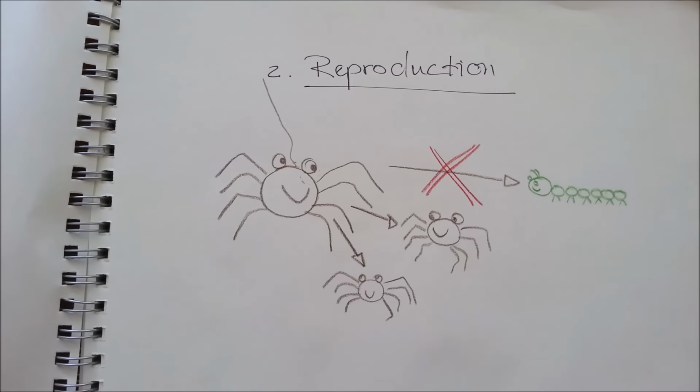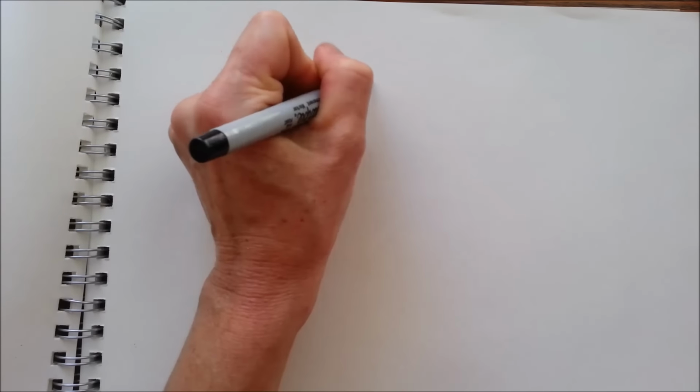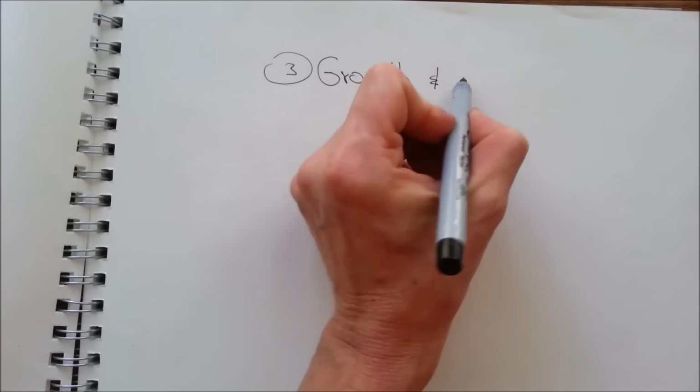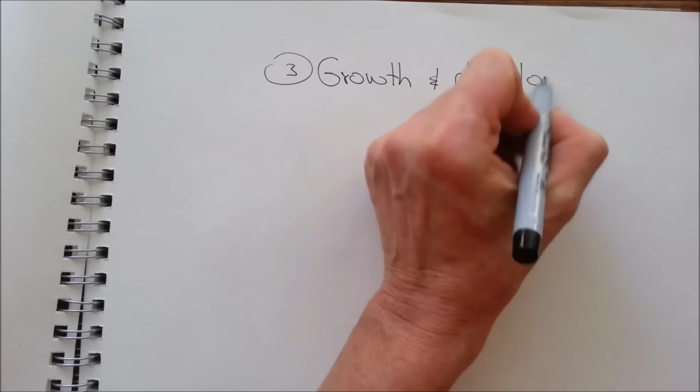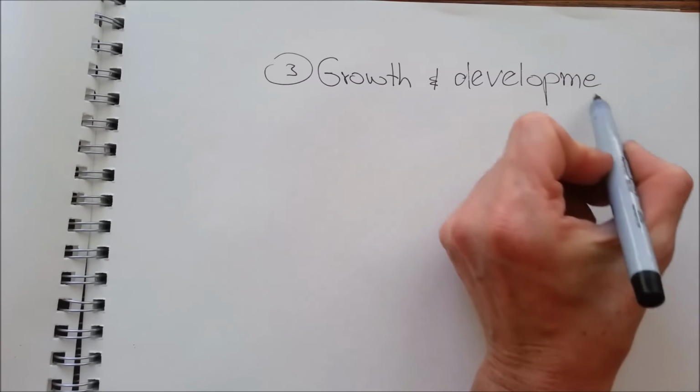The third characteristic of life is that all organisms grow and develop. Let's consider a tiny egg on a leaf.